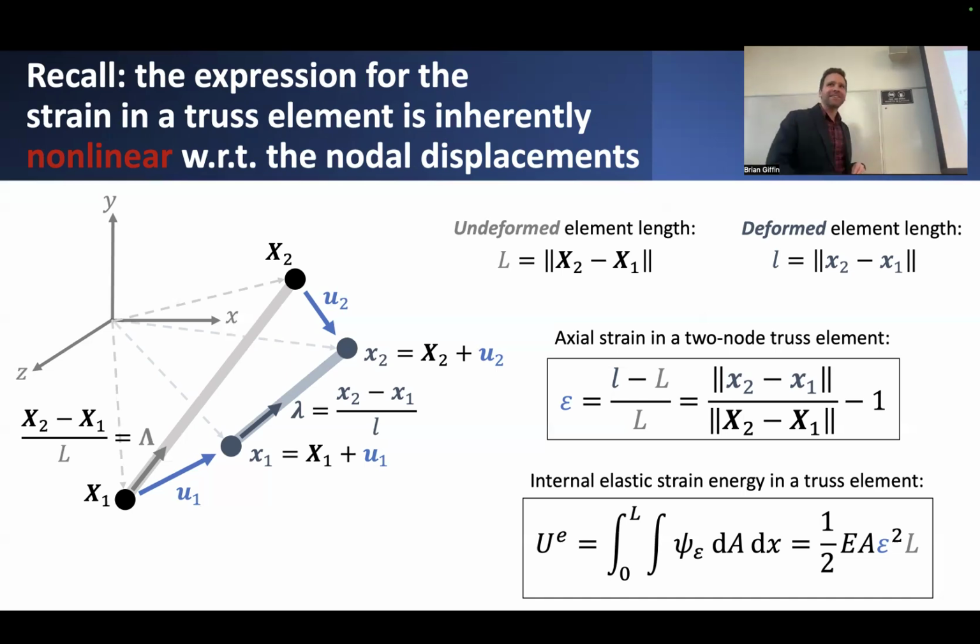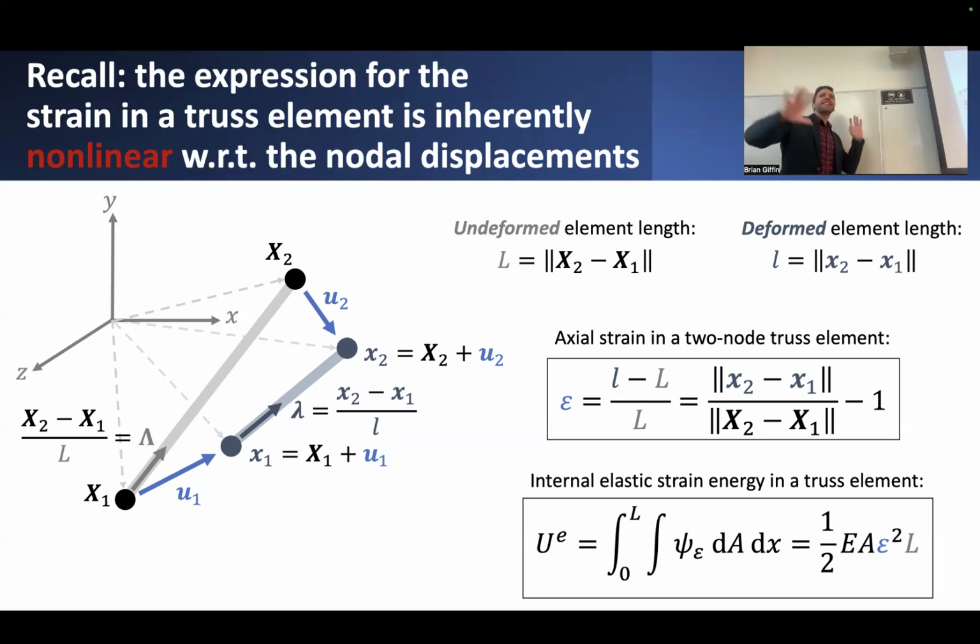When we made that linearized assumption, it said that if this member were to deform somewhat, we could assume that this original orientation, this capital lambda, will be effectively the same as this lowercase lambda after deformation. And if that was the case, then all is well and good. We can just use this linearized expression for strain and then proceed in deriving a linear elastic relationship between force and displacement, giving us the conventional stiffness matrix for a truss element as we derived previously.